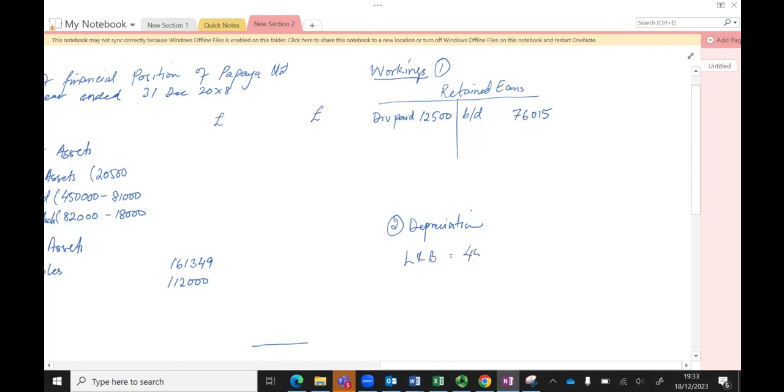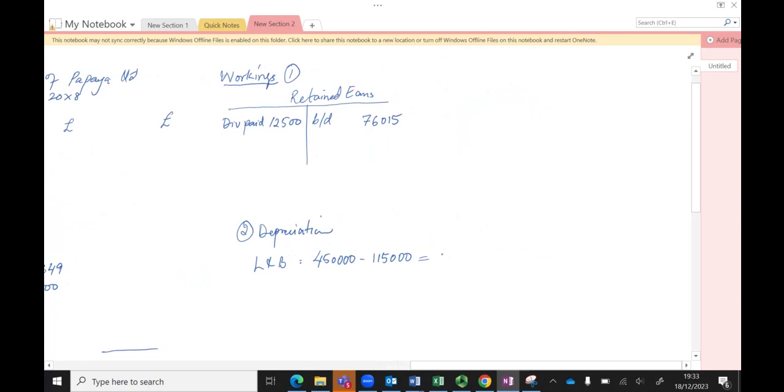The cost is 450,000. Out of that, I need to subtract £115,000 because land is not depreciated. Building is depreciated, but not land. And the answer will be 335,000. I will divide that by 50 years. And the depreciation charge for the building will be £6,700.